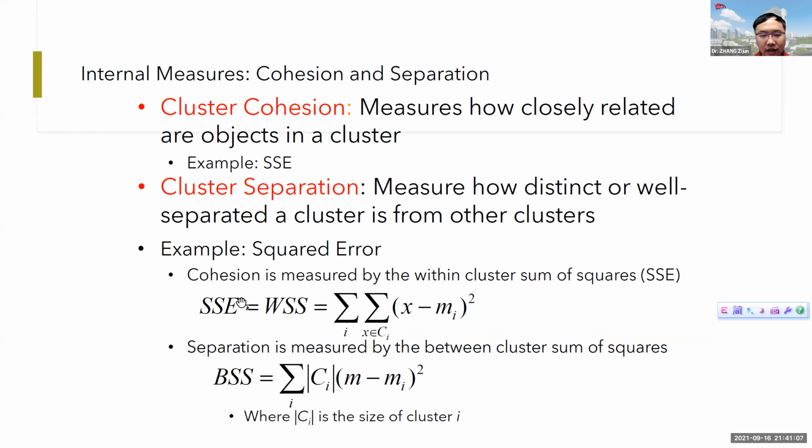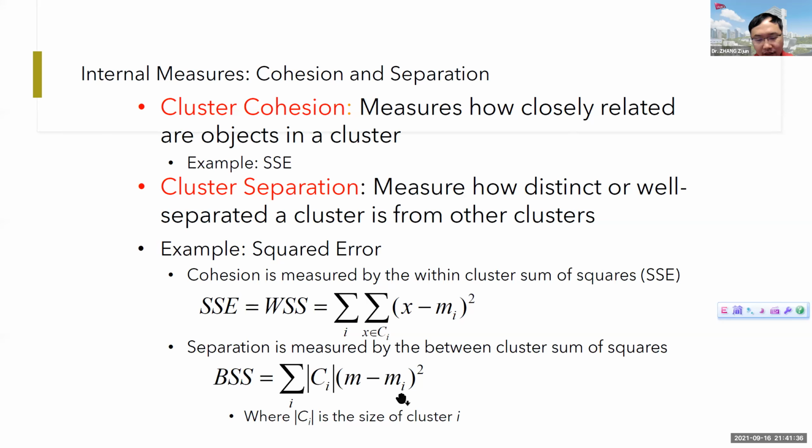So we use SSE and BSS, and the equations are here. BSS is equal to the sum of the absolute value of Ci, that is the size of cluster i, which means the number of data points in that cluster, multiplied by the square of the distance between the centroid of cluster i and the mean of the centroids.